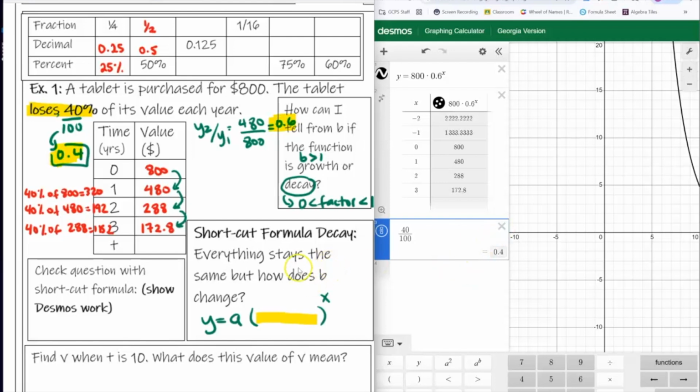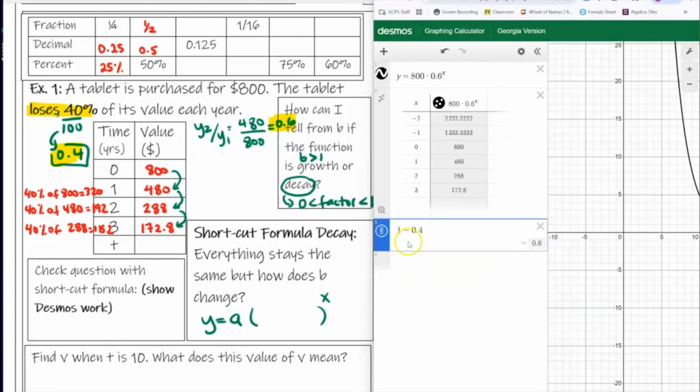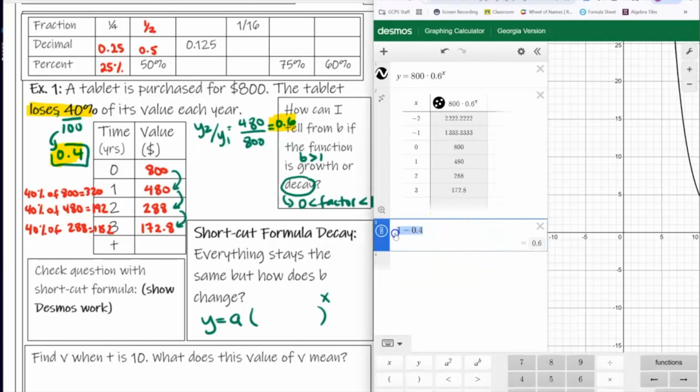Because it's decay, if I go 1, decay means I become less, and then I go with 0.4, you notice that I get 0.6. The question would be, would this work for every single time value? So we're going to put that in our B. And remember, we already know it's 800.